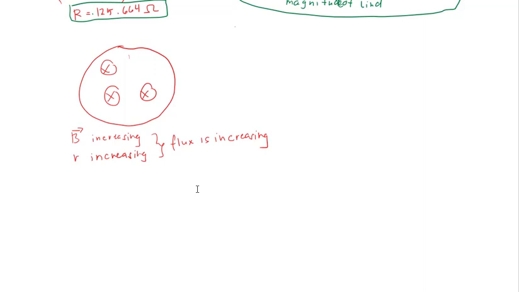And Lenz's law is stating that to counter or oppose that, the system induces a B field. For example, let's say we have three arrows in our system right now.